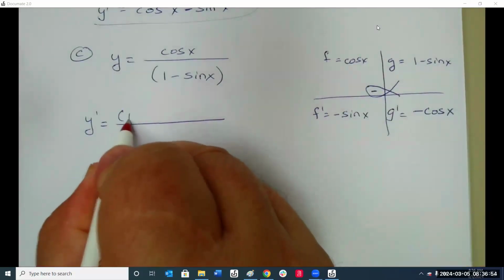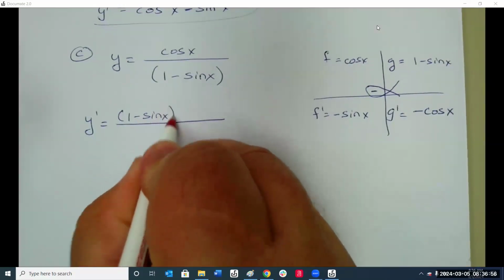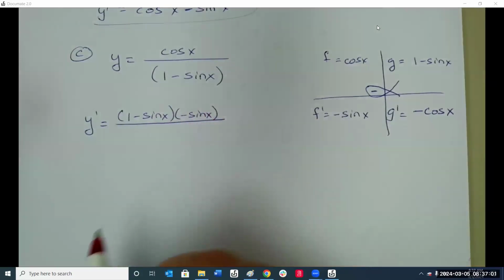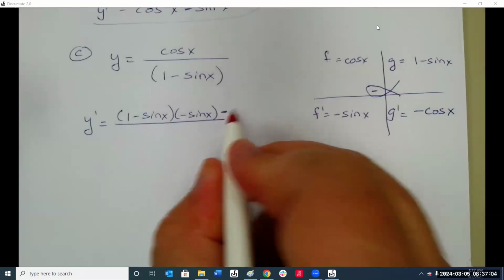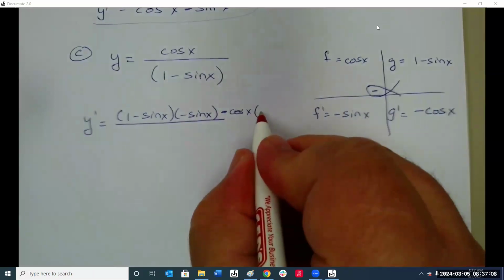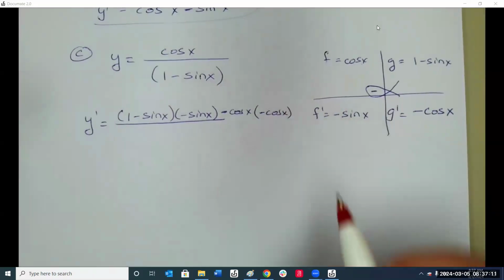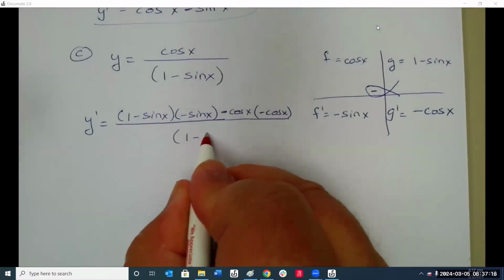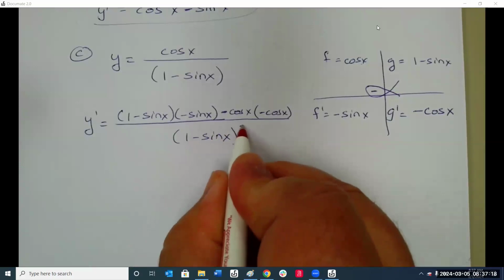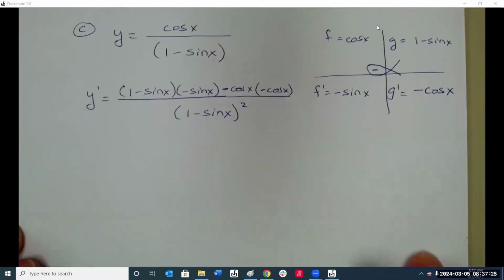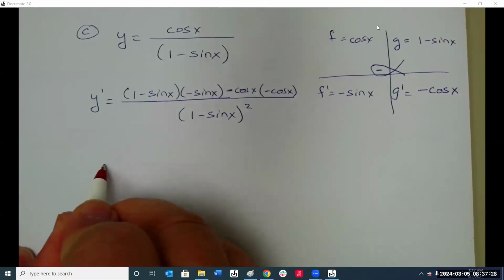So we have 1 minus sine x times negative sine x minus cosine x times negative cosine x, all over 1 minus sine x squared. Whatever's on the bottom, you square it. Now we do the algebra part.